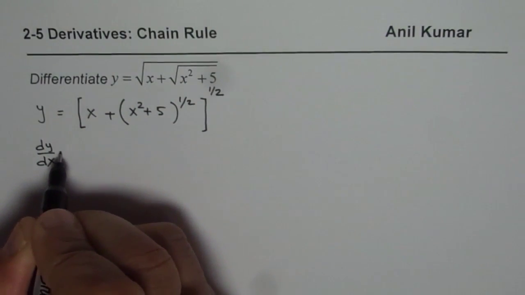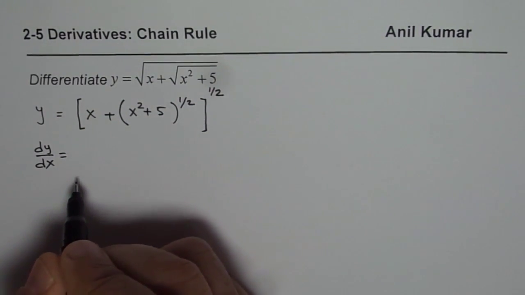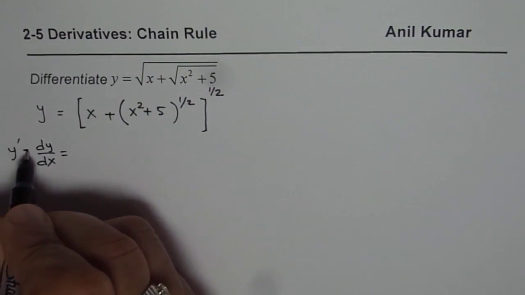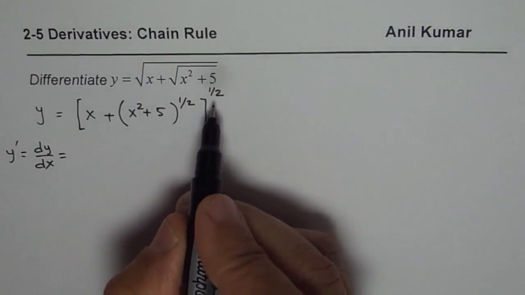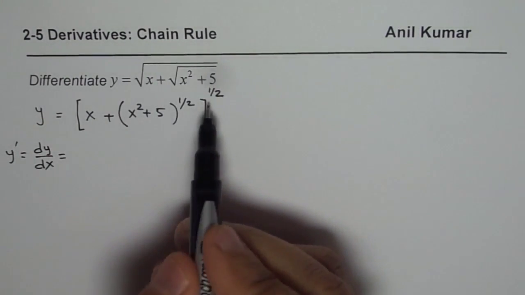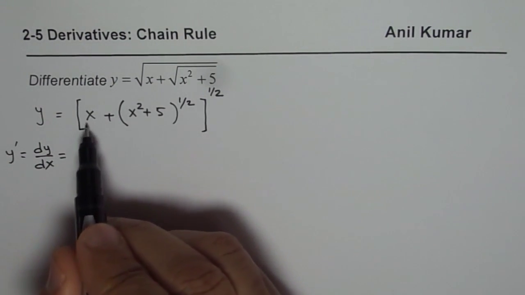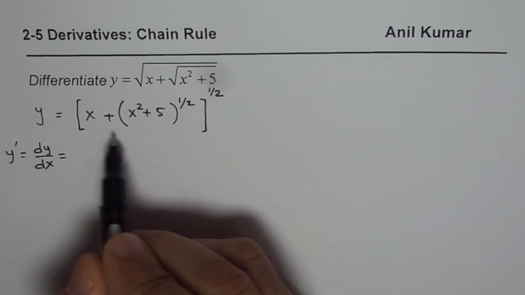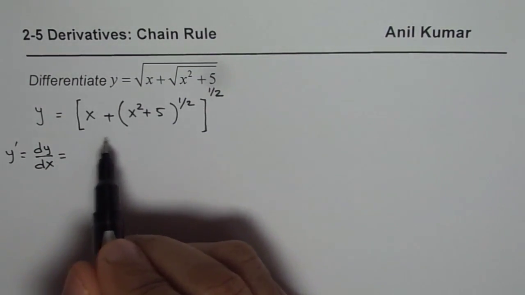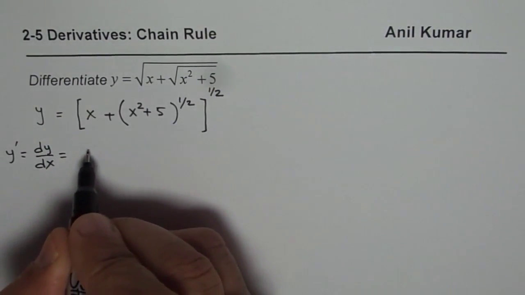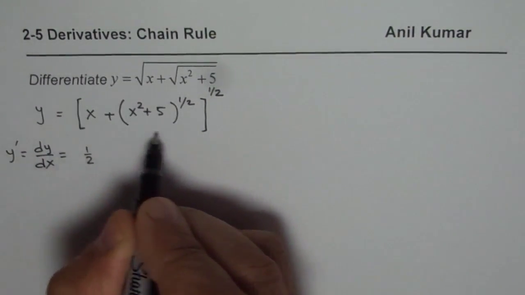So dy/dx, derivative of this function, which sometimes you may write as y dash also, is equal to, always in the chain rule we apply from the outside. So let us say something is u for us, for example. So half of u to the power of minus half. So we could write this as half of all this.